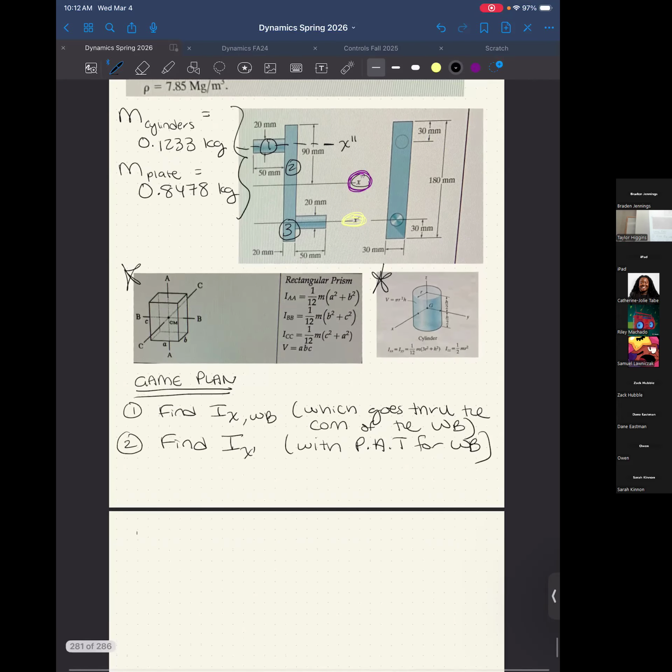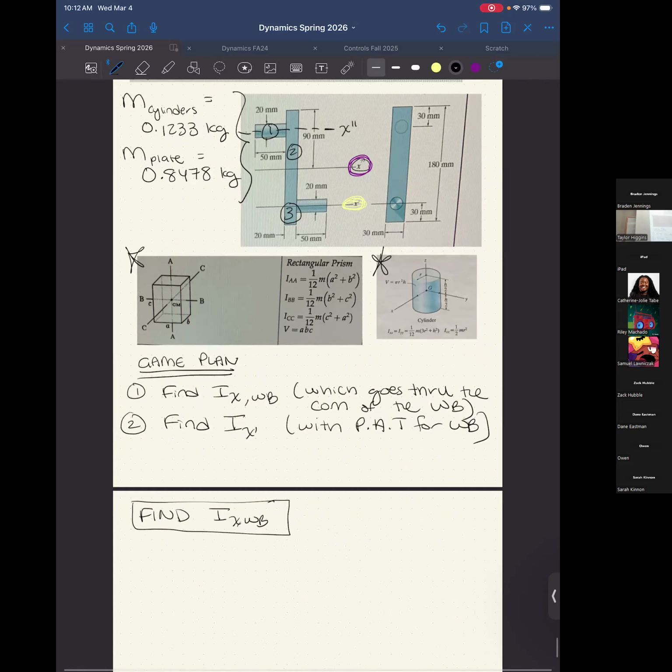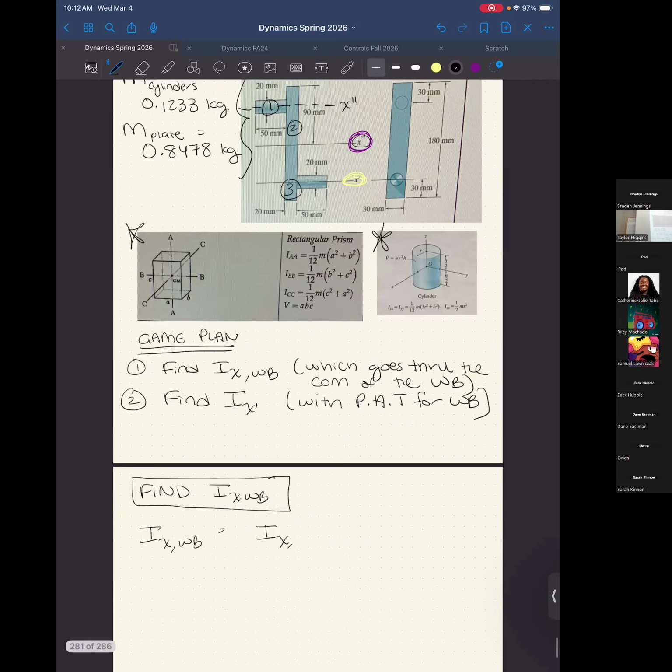So if your first step is to find IX of the whole body, we know that this is the sum of inertias of each of the three objects about X. Can you scroll down, please? Yes.